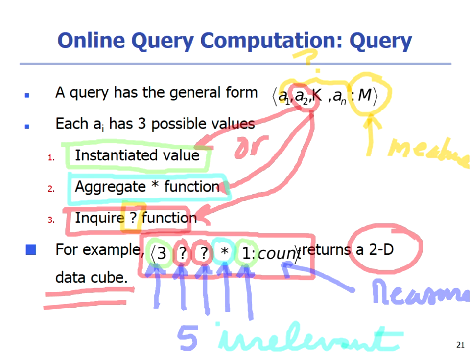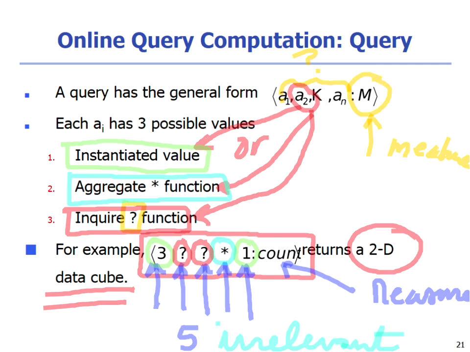For this reason, the return will be a two-dimension data cube. So the result will be all the possible combinations of these inquired dimensions. Why? Because the first dimension is fixed.